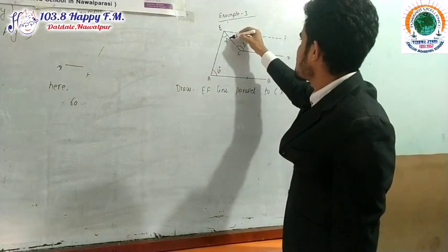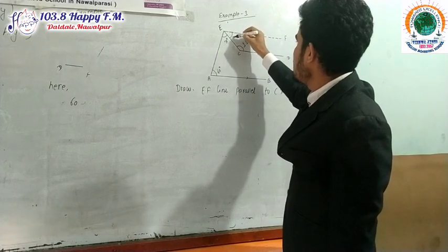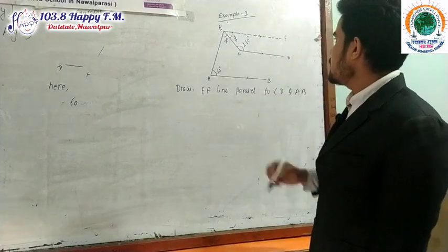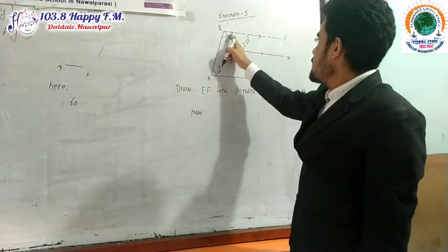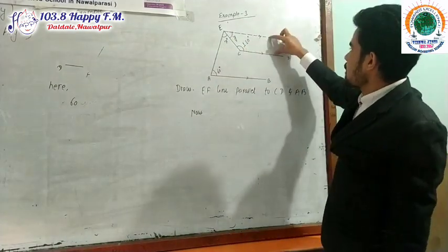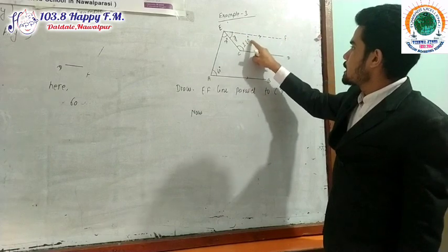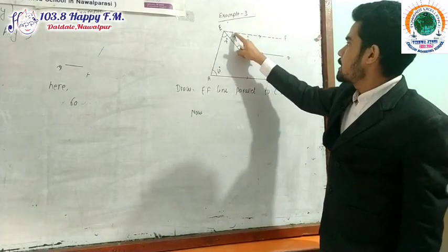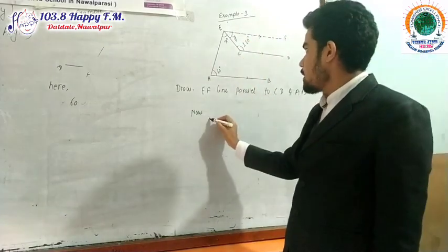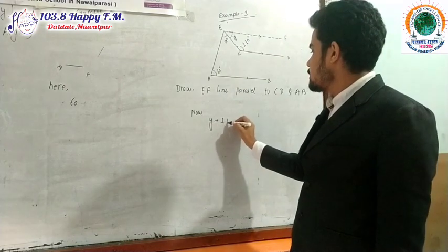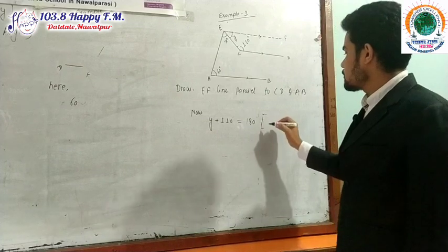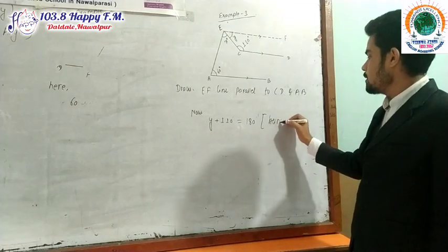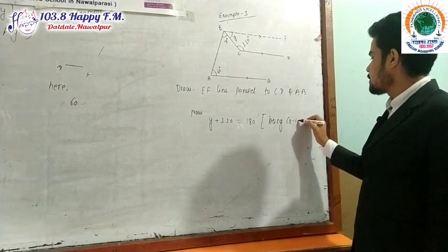We can consider this angle as Y. Now Y and 110 on these two parallel lines, Y and 110 degree, these two angles are again co-interior angles. Y and 110 degree are co-interior angles, and their sum is 180 degree, being co-interior angles.